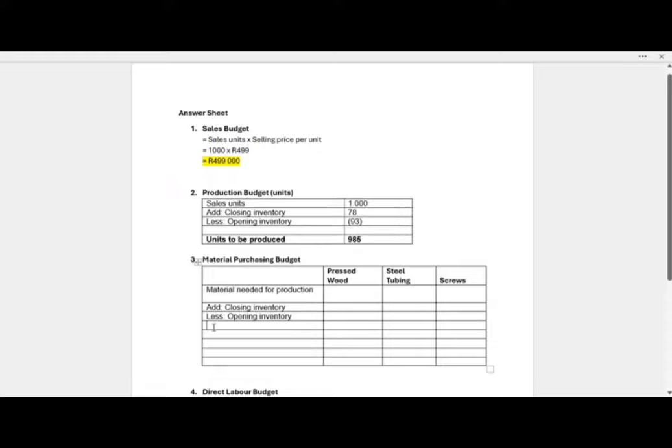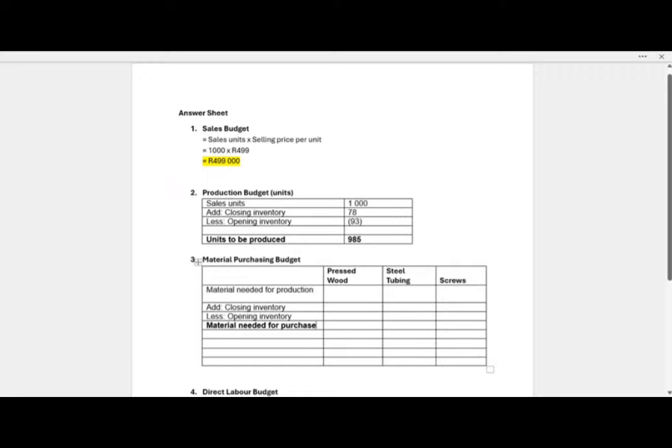We're going to get material needed for purchase, or material that needs to be purchased. How many are there? All right, so let's see.